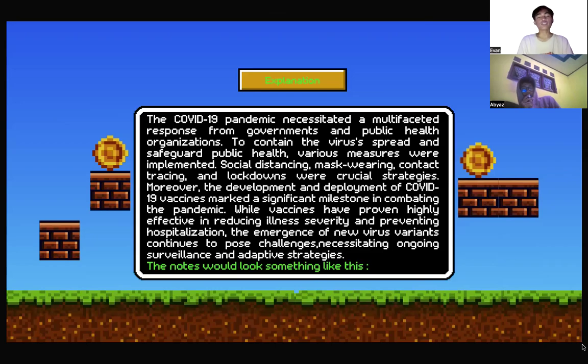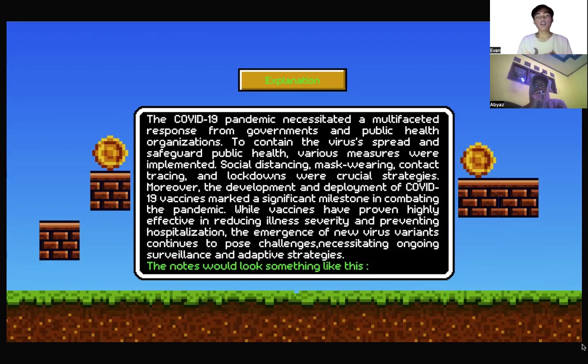For the explanation: the COVID-19 pandemic necessitated a multifaceted response from governments and public health organizations to contain the virus spread and safeguard public health. Various measures were implemented. Social distancing, mask wearing, contact tracing, and lockdowns were crucial strategies.